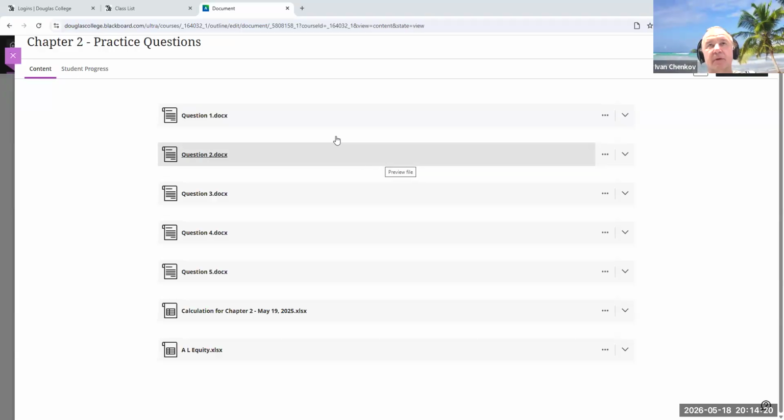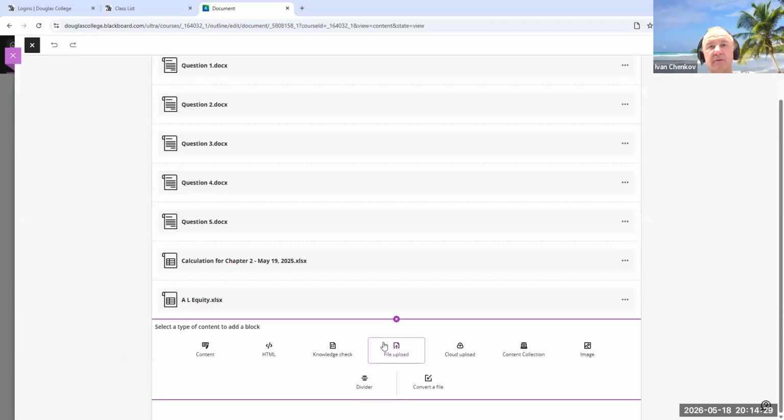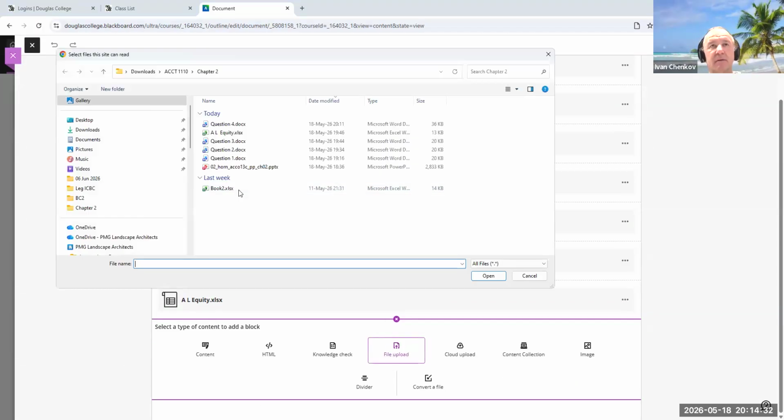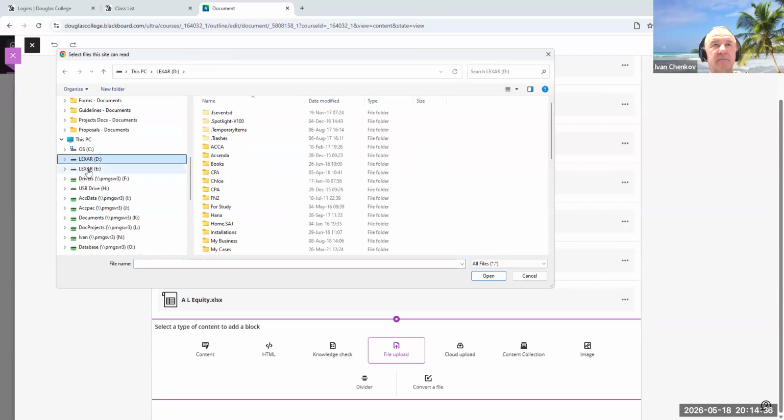So the document, I want you to see where I'm putting it. I'm going to go right here and let's edit it. And I'm going to post it under those documents at the very end. Probably I have it somewhere else, but just in case, let's post it again.